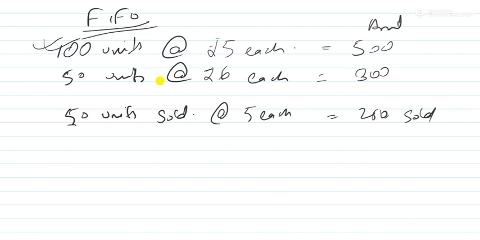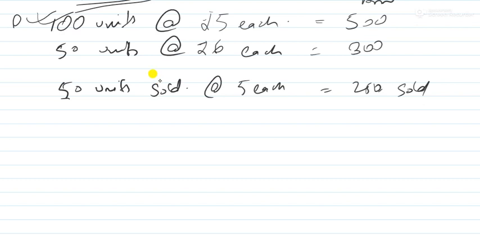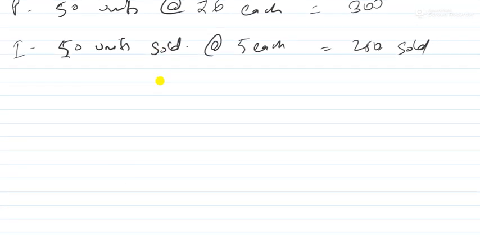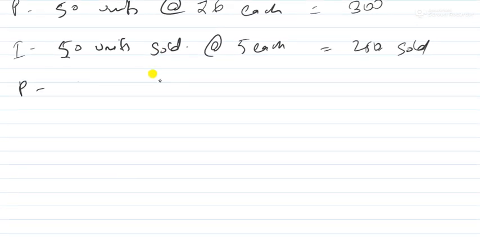Now again I have purchased, purchased, issued. Now again I have purchased say 60 units at the rate of 4 each, equal to 240.